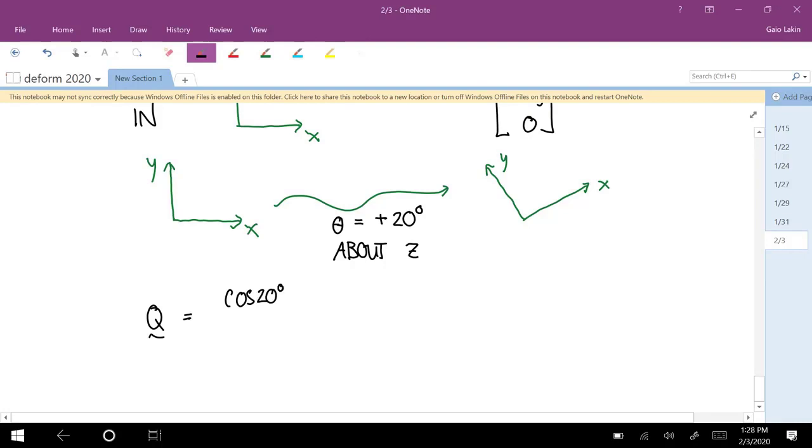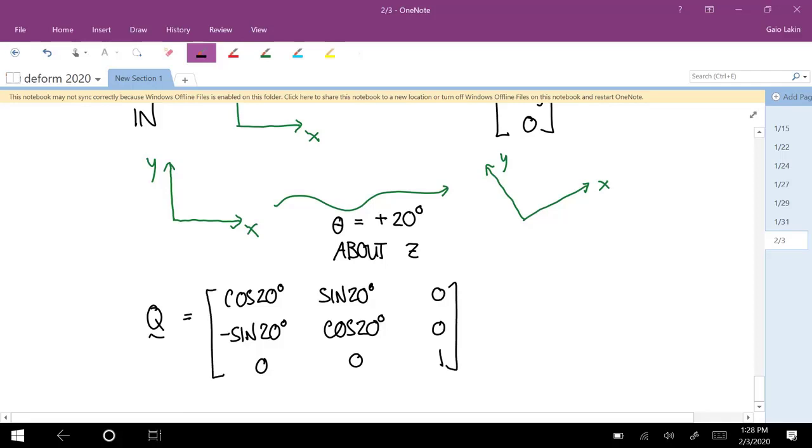cosine of 20, sine of 20, 0, negative sine of 20, cosine of 20, 0, 0, 0, 1. Okay.